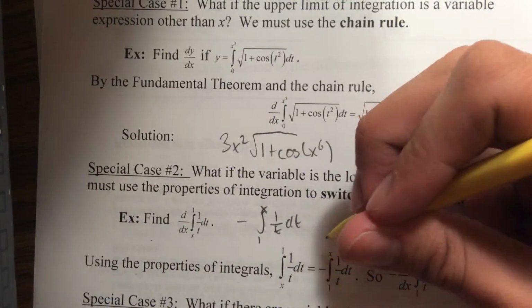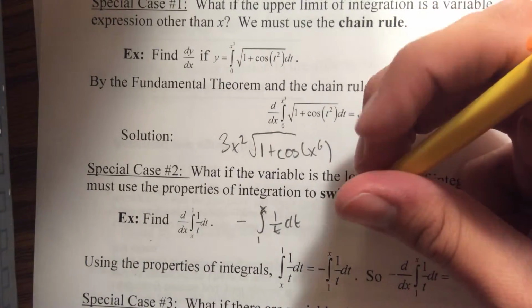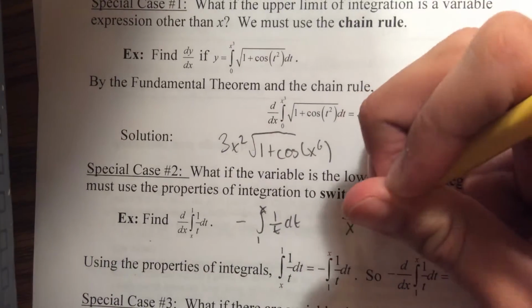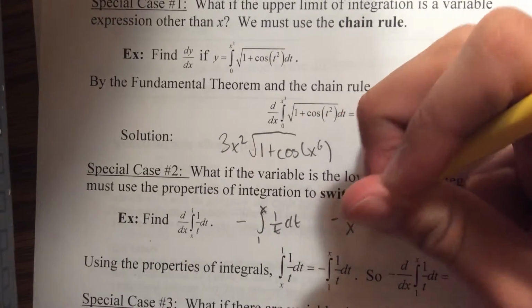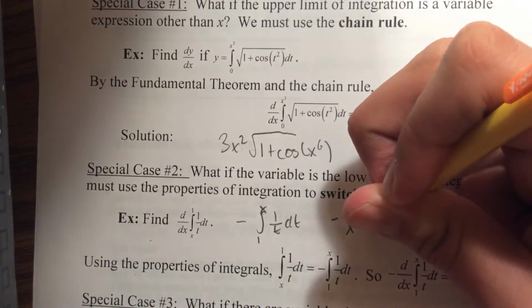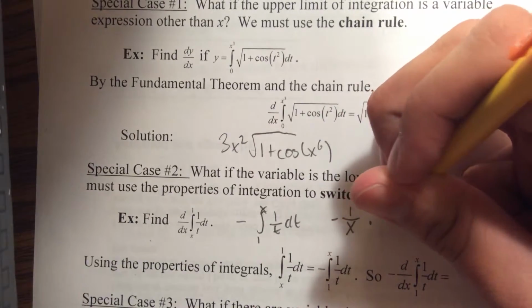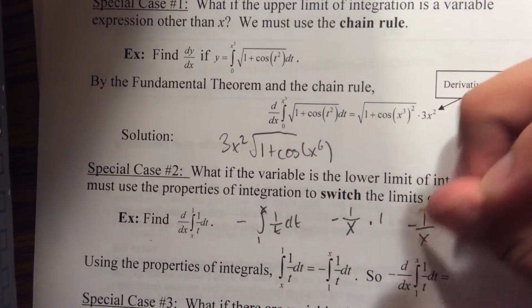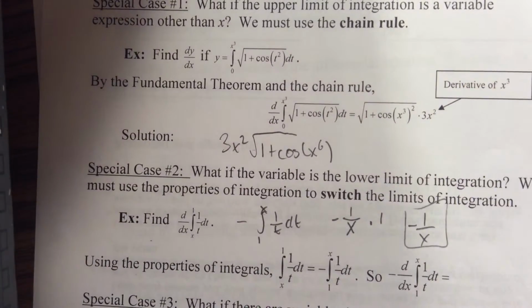And then you would just solve it. So plug in x for t, and since it's negative, you've got to multiply it by the derivative of x, which is 1. So negative 1 over x is the answer.